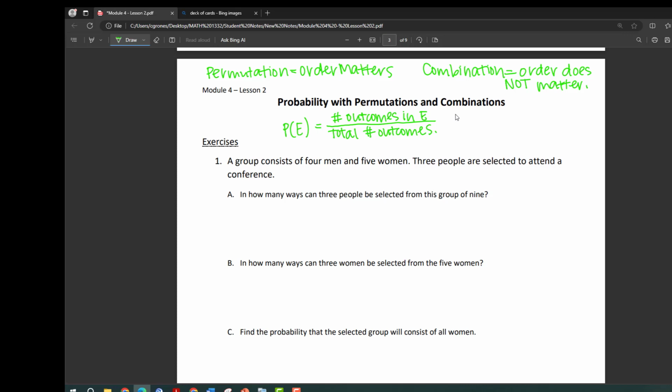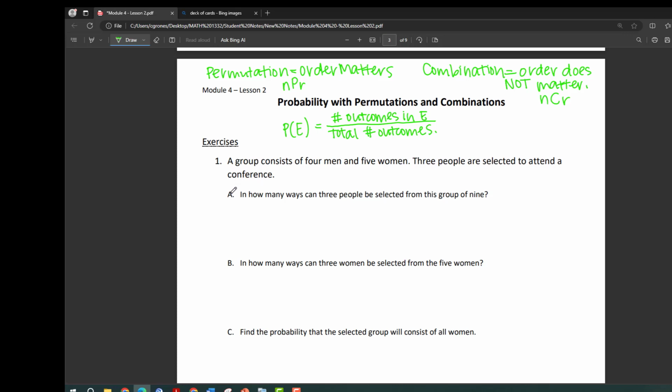Remember, for permutation we used the nPr formula, and for combination we used nCr. So we are going to use those again here.